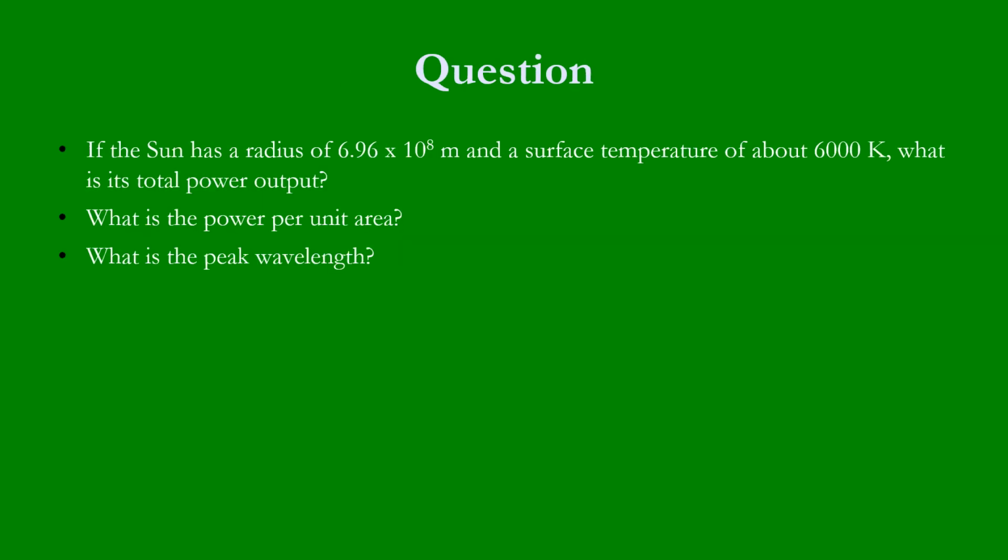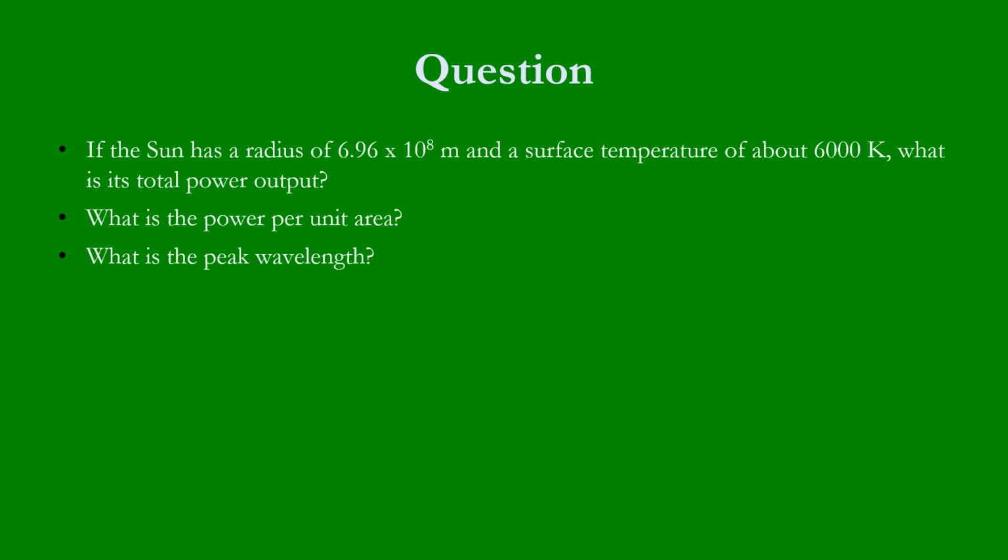Okay, so we've got a question where we're going to have to put all of the relationships into use. The first part, we need to find the power output from the sun, so we're going to use Stefan's law. Then once we've got that power output, we can find the power output per unit area, dividing that by 4 pi r squared. And then for the peak wavelength, we'll use Wien's displacement law to find the peak wavelength for the sun.